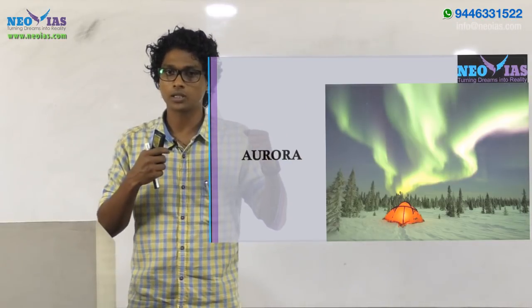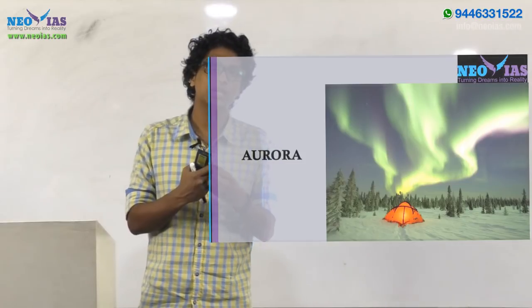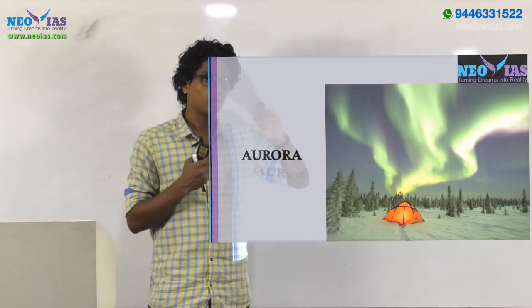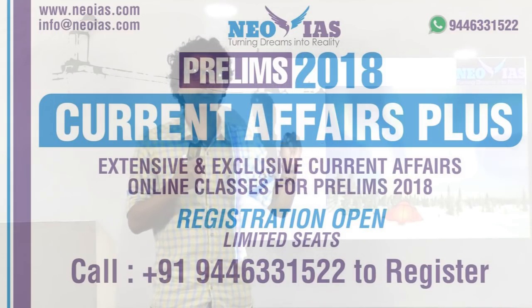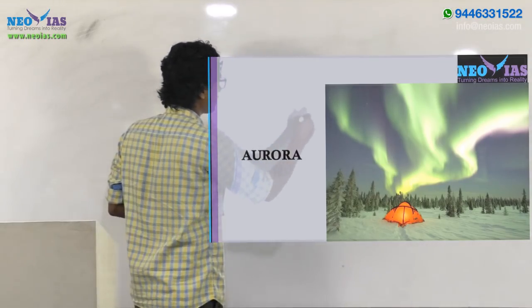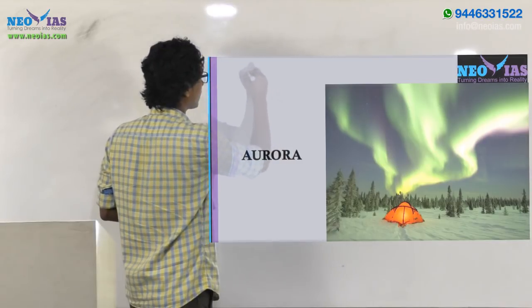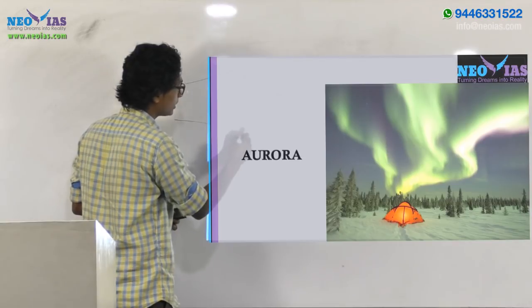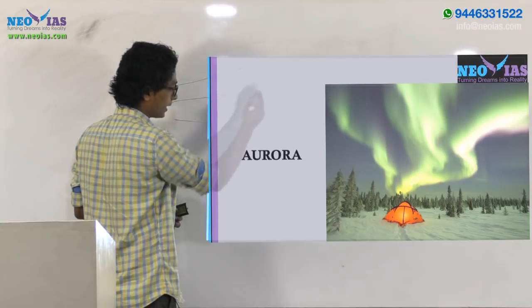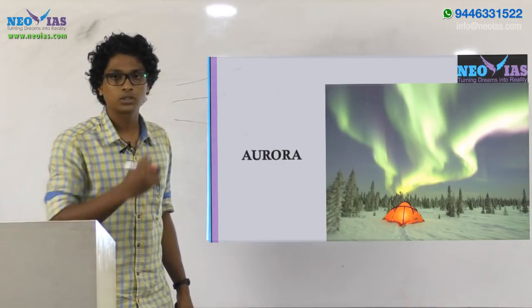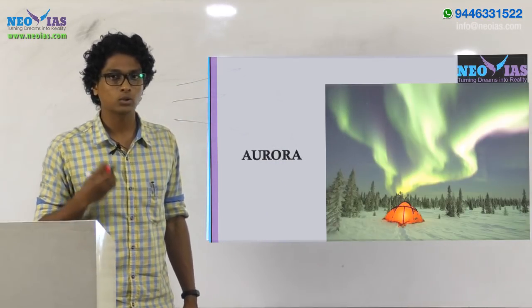They are deflected towards the Earth's north magnetic pole and south magnetic pole. They are not the geographical north pole or south pole, rather the magnetic north pole and magnetic south pole. You can imagine that if this is Earth and we have the magnetosphere, all the charged particles coming from the sun are deflected towards the poles.